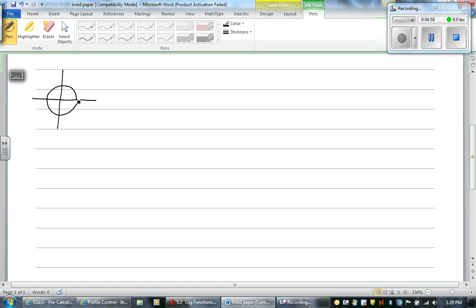We know that these are the points 1, 0; 0, 1; negative 1, 0; and 0, negative 1, on these axes. What we're looking for are the values for 90, 180, 270, and 360, for sine, cosine, and tangent.